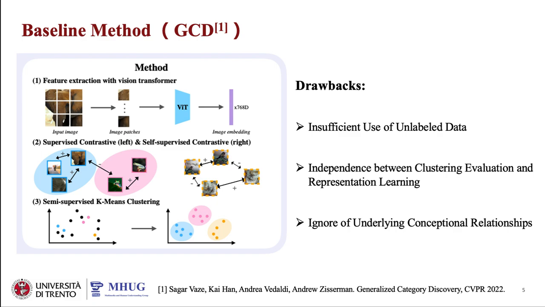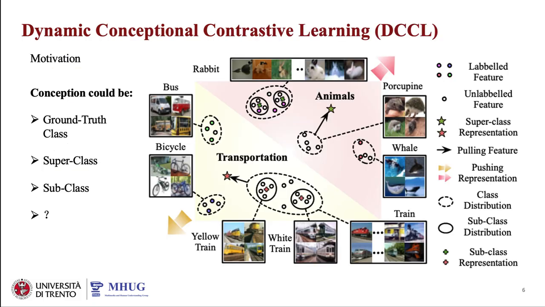However, it has three drawbacks. One is inefficient use of the unlabeled data. The second is the independence between clustering evaluation and representation learning. The third is the neglect of the underlying conceptual relationships.